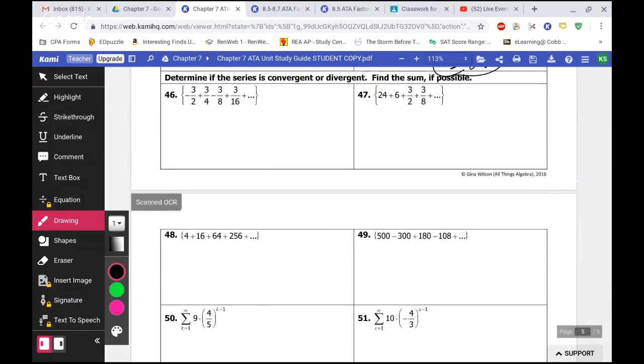All right, so we're supposed to determine whether this series is convergent or divergent. And just to remind you of the differences: a convergent series is when the absolute value of the ratio is less than 1. Does that make sense? Yes. And then it's convergent.